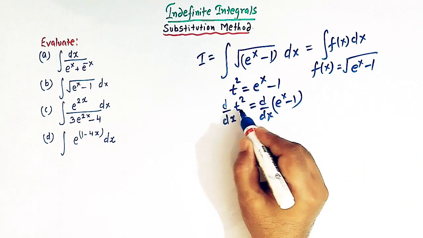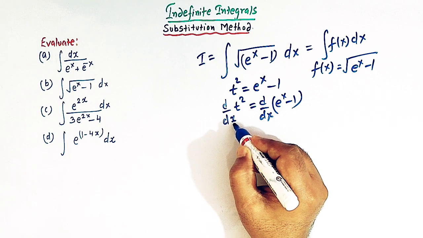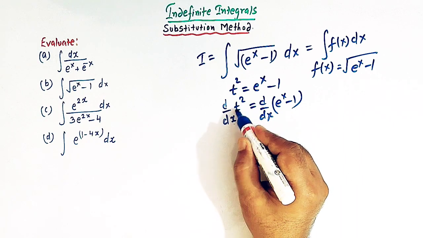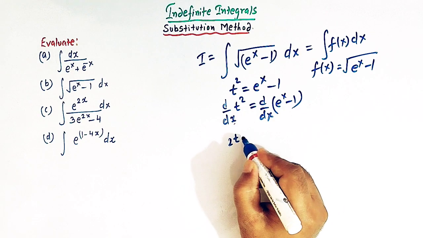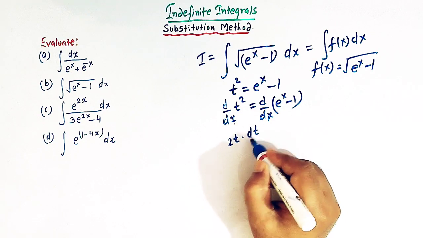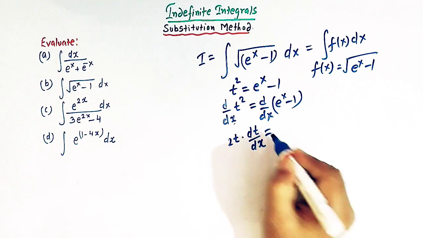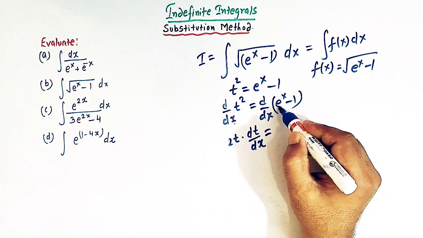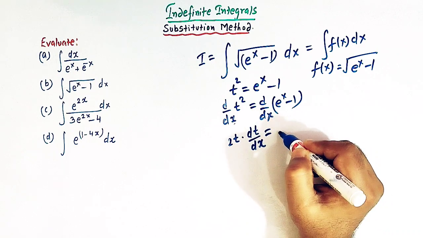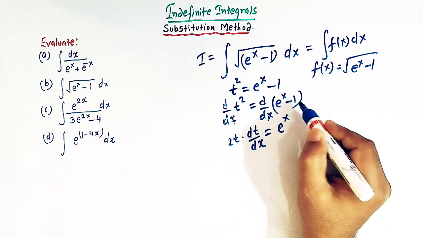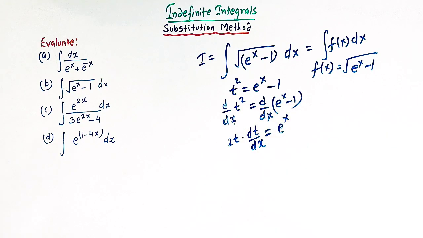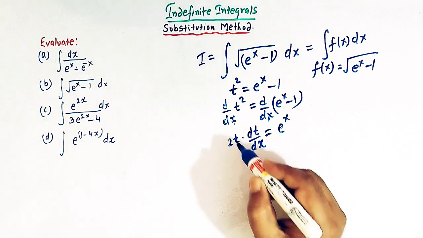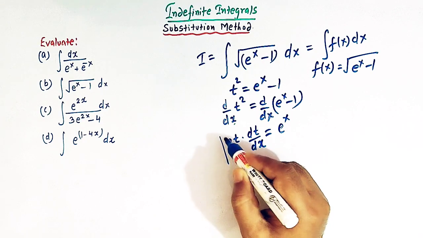Now the derivative of t square with respect to x: first we'll find the derivative of t square with respect to t, so we have 2t, and then by chain rule we have dt over dx, right? The derivative of e raised to x with respect to x is e raised to x, and the derivative of 1 being a constant is 0. So now we have this expression, right?